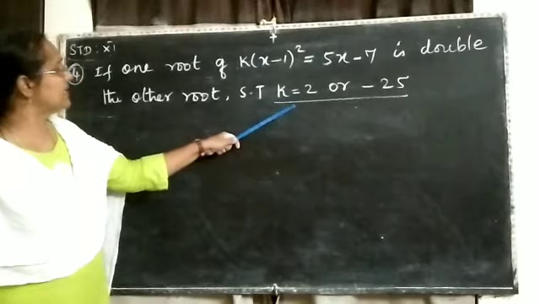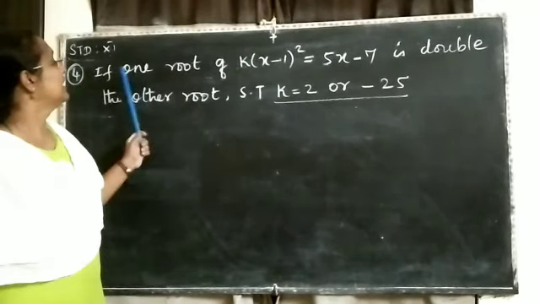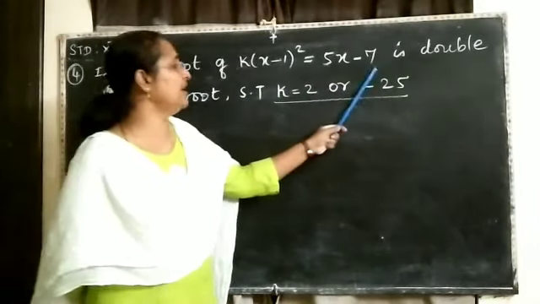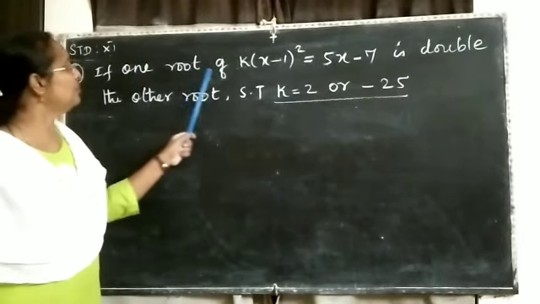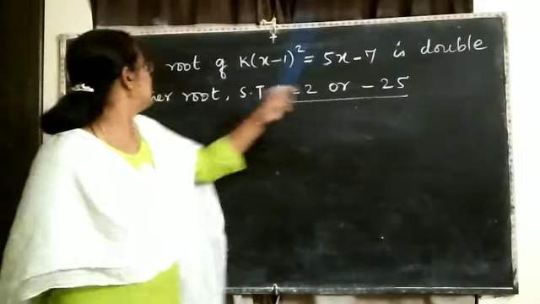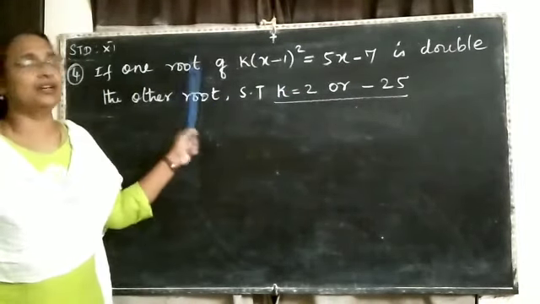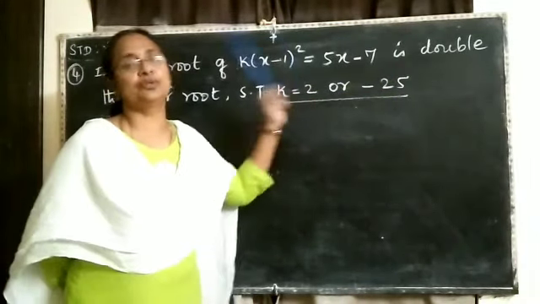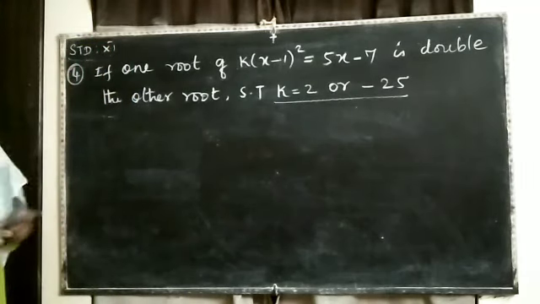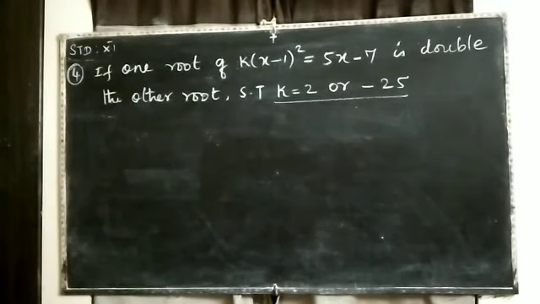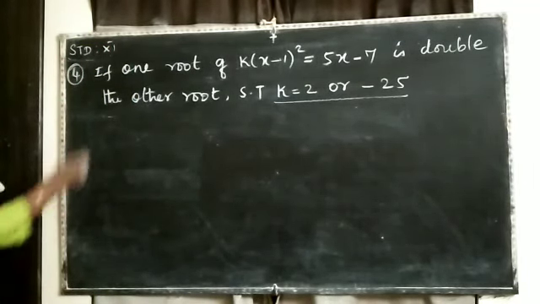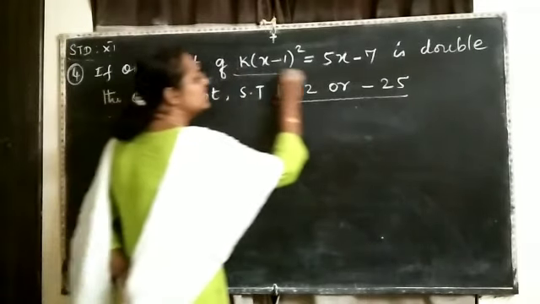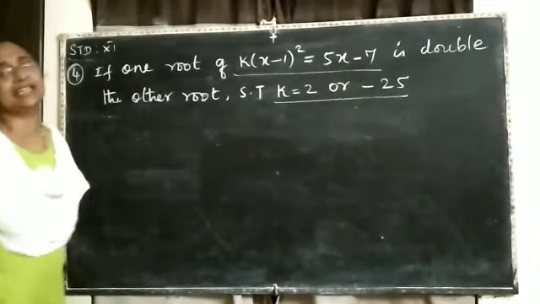In order to prove this, what are the clues given here? The equation is given and also 1 root of this equation is double the other root. If 1 root is alpha, the other root will be double the alpha, so it is 2 alpha. Now shall we solve for the value of k? First let us bring this equation into a quadratic equation.